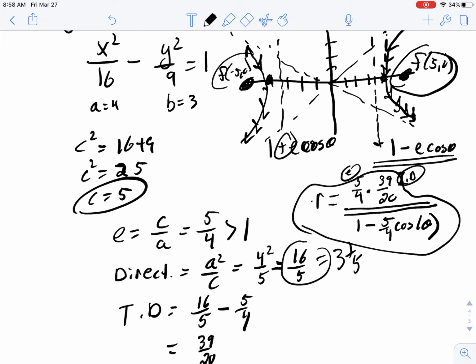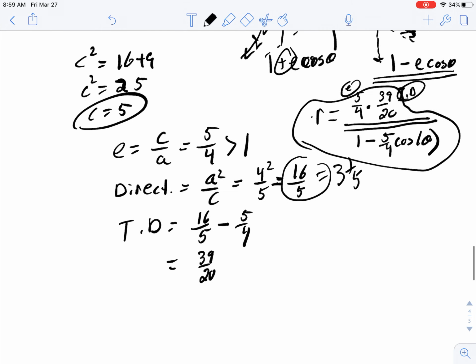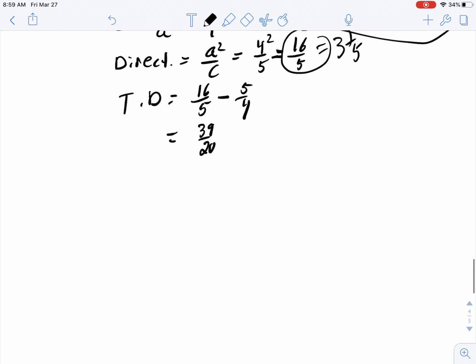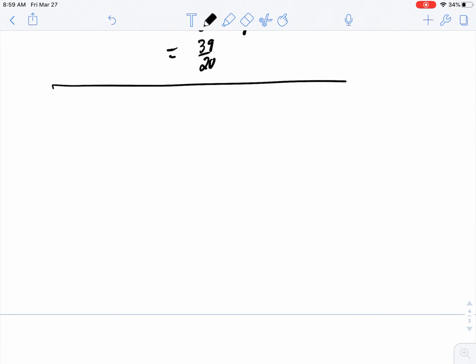So again, pause the video, graph out both, change that from 1 minus 5/4 to 1 plus 5/4, so you can see the graph of the other one, and see how you do, and then come back. Do that and come back and we'll do a couple more things here. All right, welcome back. Hopefully everything got graphed out all right.